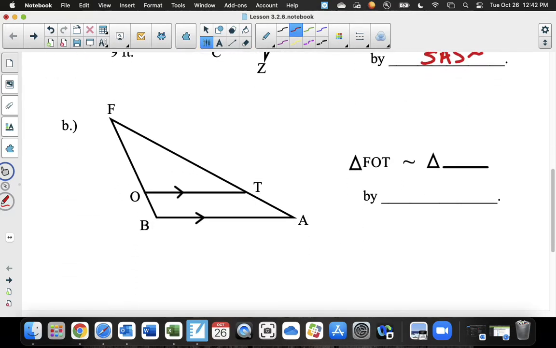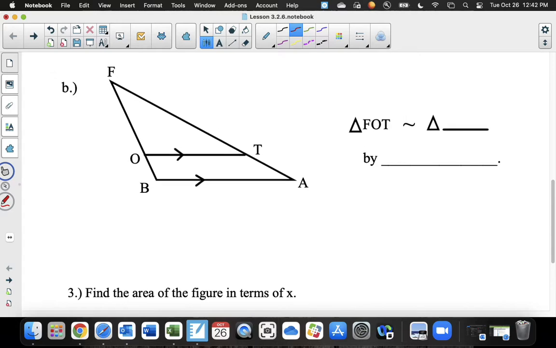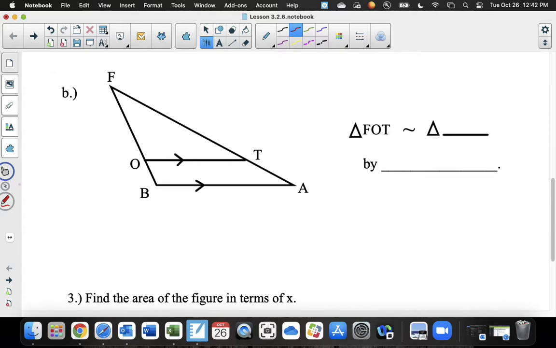If we go to the next part, this type of problem you're going to see come back here today again in the lesson as well. Let's go to the by part first. Similar triangles? Yes? No? Why, Rebecca? Yep. So this is just a dilation from one smaller triangle up to the bigger one.